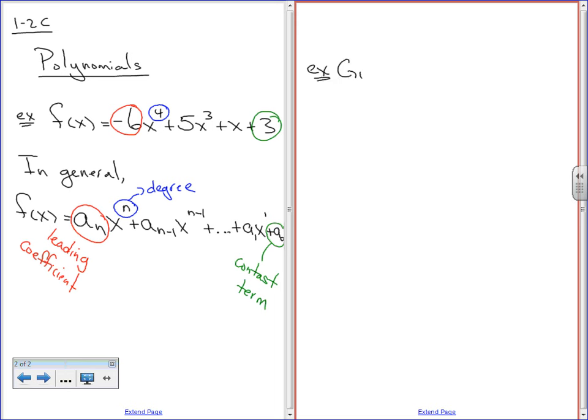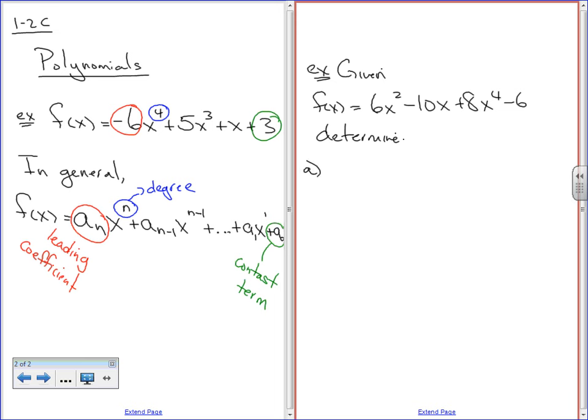Given f of x, okay, so just stop talking there. So given that the polynomial f of x is equal to 6x squared minus 10x plus 8x to the power 4 minus 6, the first thing we want to be able to do is to express it in standard form.